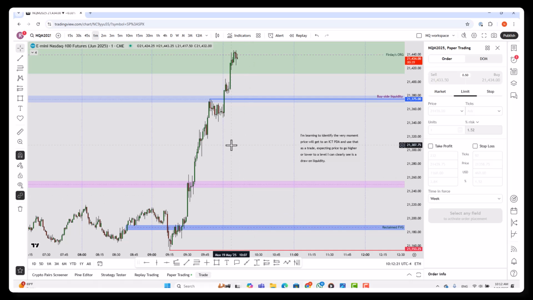But I'm watching. This here is a fair value gap, and this is another fair value gap right here. So I'm watching to see if this level does offer resistance. The prices are not going to go higher, and this fair value gap fails, then I can look for a reason to go short.